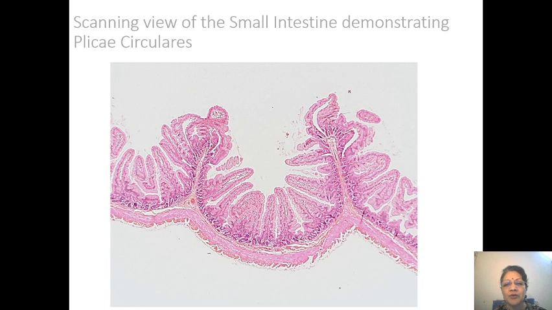And then this fold. If you slice through that and stain it and put it under a microscope, you will see that the whole wall, not the muscle wall, but the submucosa along with everything in it moves into this fold and is covered by the mucosa which is in the form of villi.